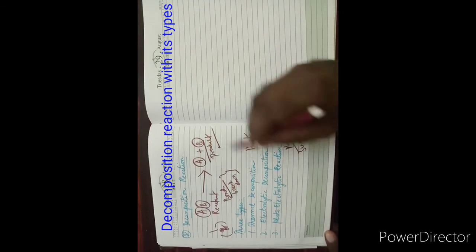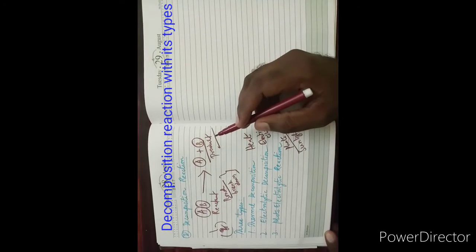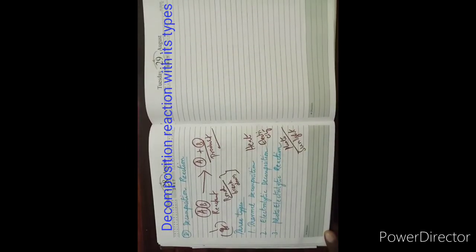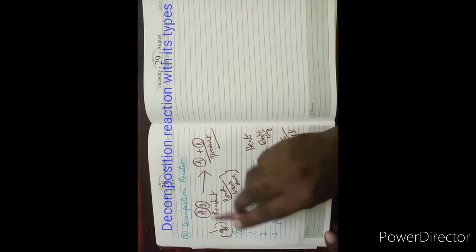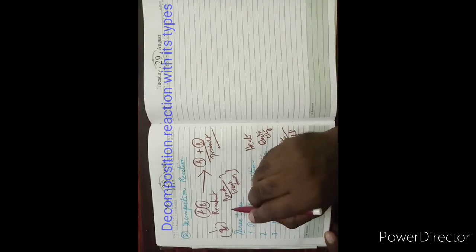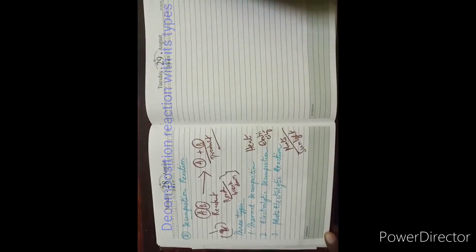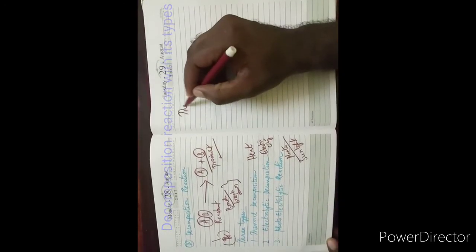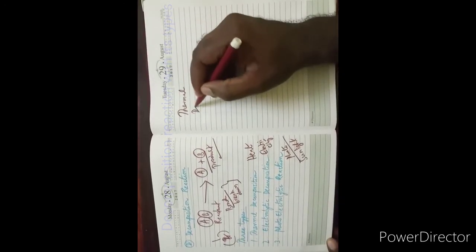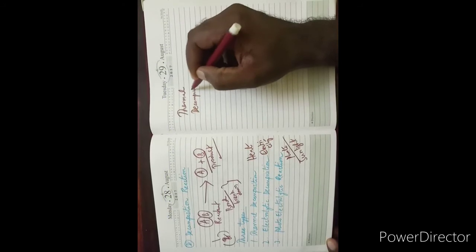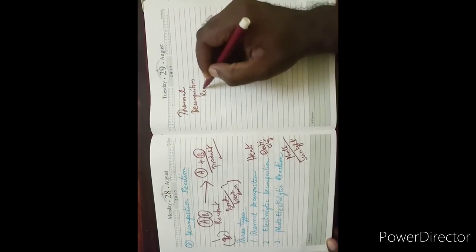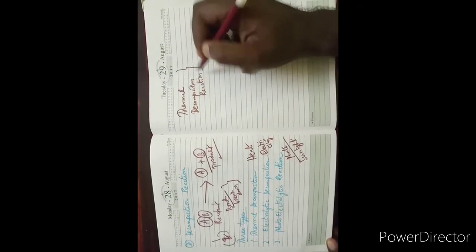So if you apply any one of these three based on the reactant, that single reactant is split into two products. So let me give an example for thermal decomposition reaction. Thermal means heat.